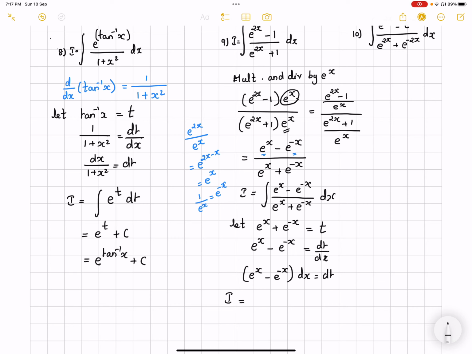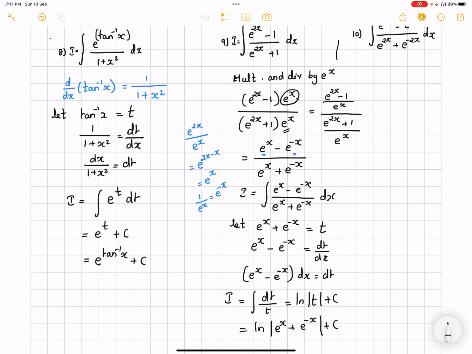Now after substitution, my problem is getting converted to dt by t, which is nothing but ln of mod t plus c. Right. After this, you directly substitute: ln of e to the power x plus e to the power minus x plus c. That's it. The problem got over.